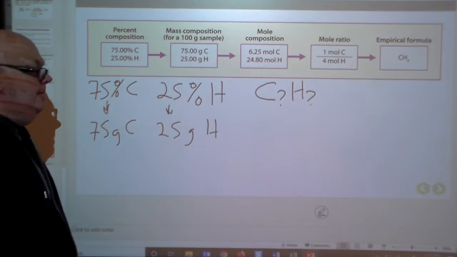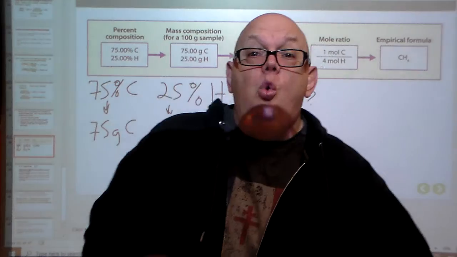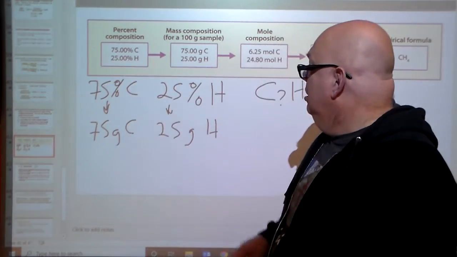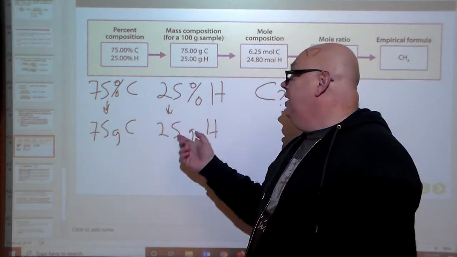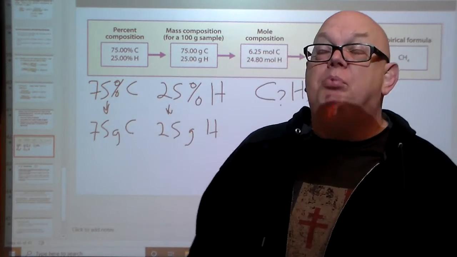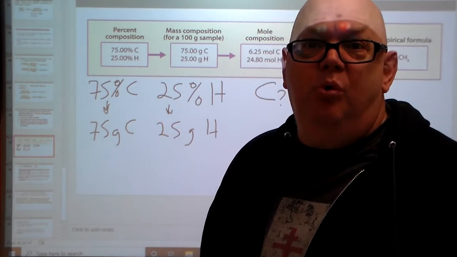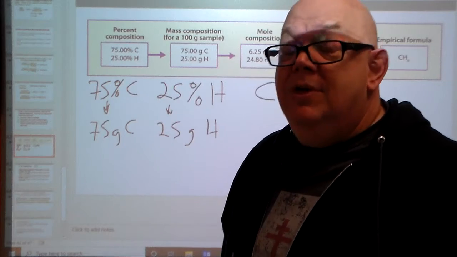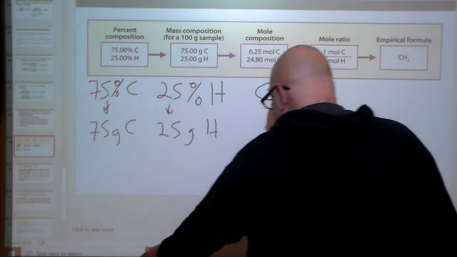Okay, so that would be our first step. We're trying to make this simple. I don't know how much simpler we can make it. So again, you take the percents, you change it to grams. Now, if it's 75.12, guess what? It's 75.12 grams. Exactly.